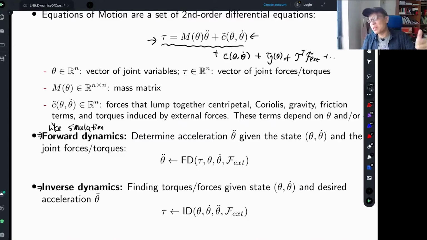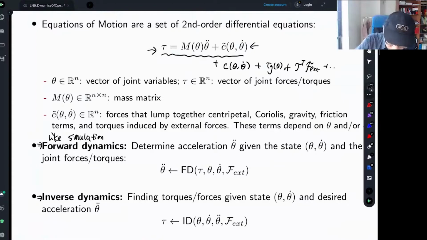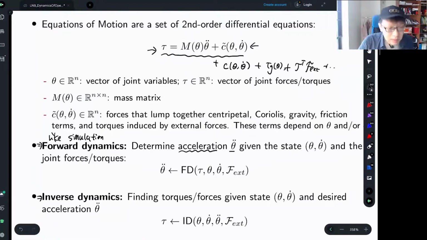If you give me a force or torque, I can tell you exactly the motion, because the motion is generated by force. So dynamics in the setup of a robotic system is basically determining acceleration, theta double dot.